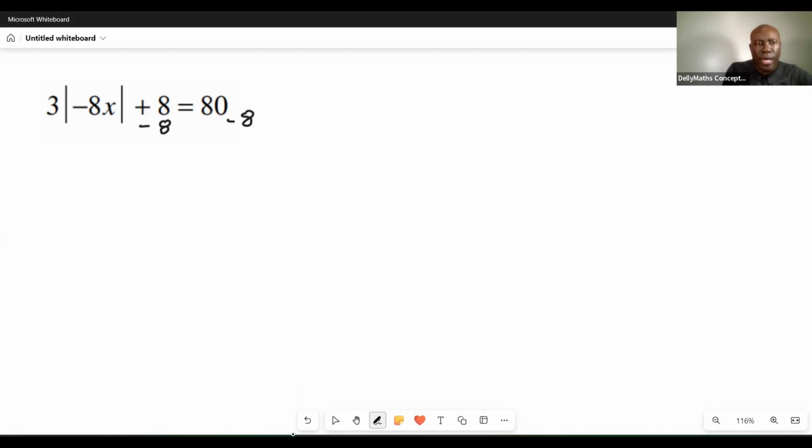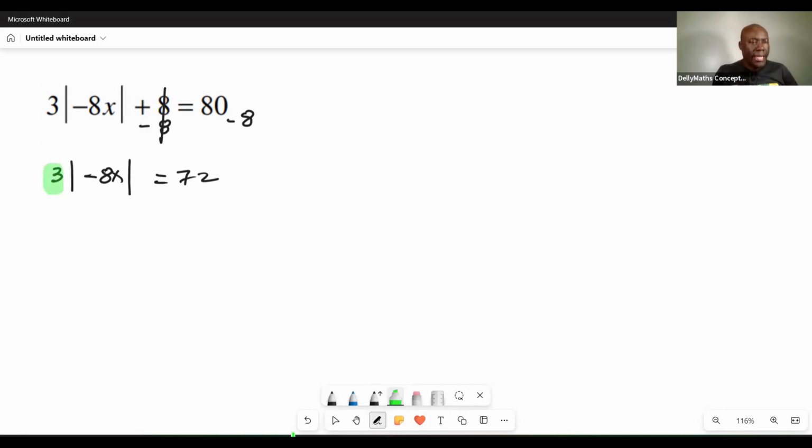So let's rewrite what we have. Now I do have 3, my absolute value of -8x, and this becomes 0. So this is equal to 72. All right, so what we're going to do now is get rid of this 3 here, because it's multiplied to the absolute value.